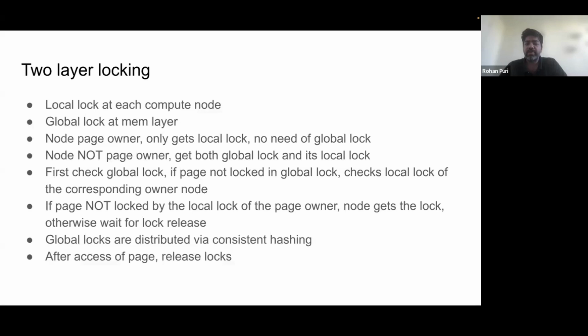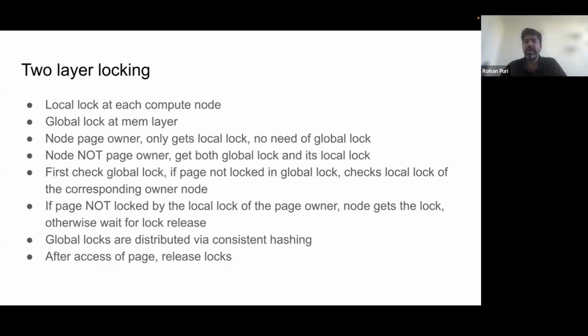So this may sound confusing, but the general gist is that you cannot work with a page until you have the lock. You may yourself be the page owner, so you can get away with having just the local lock. If you are not the page owner, there is some other node who is the page owner. Now you have to move the ownership from that node to yourself.